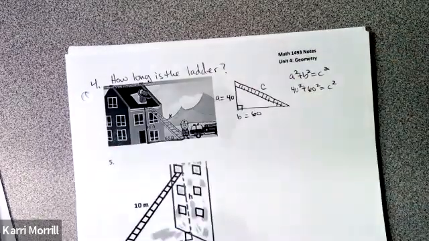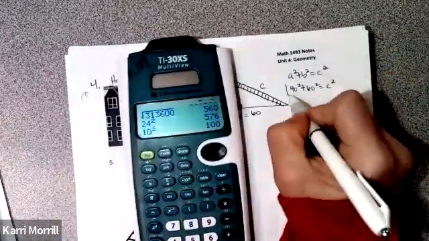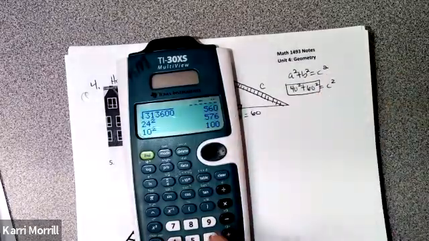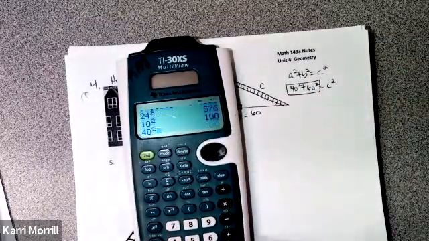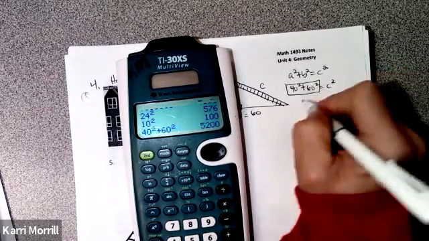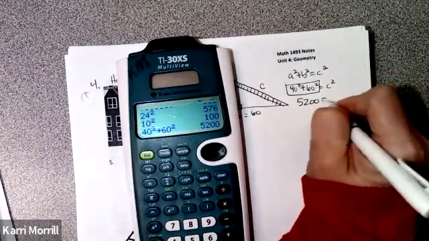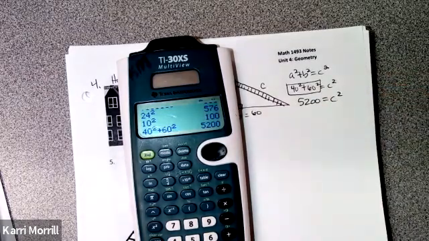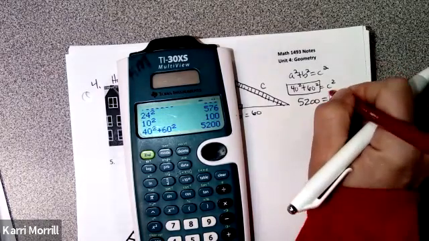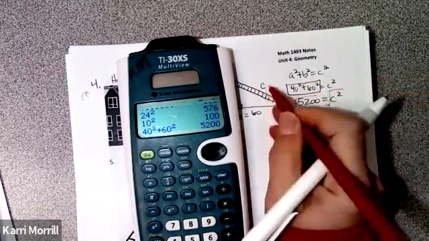So let's get our calculator out. And I just type it in just like that. I really am a big believer in writing down steps, but this one is definitely a nice shortcut since our calculator can do order of operations for us. And then we would take the square root of that number because I don't want to know what C squared is.